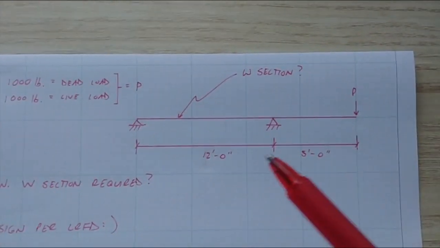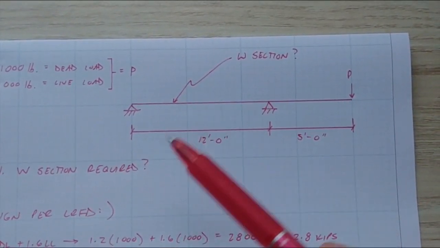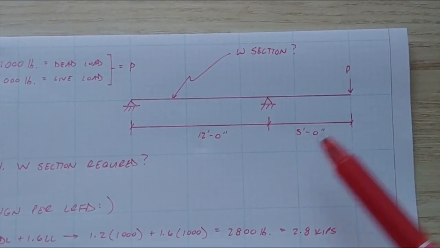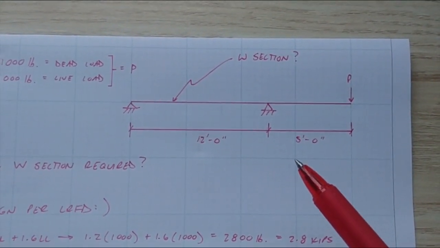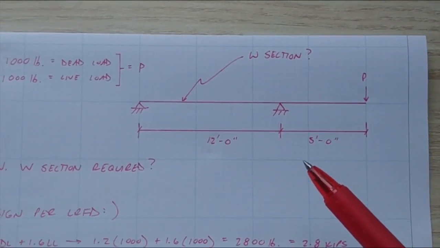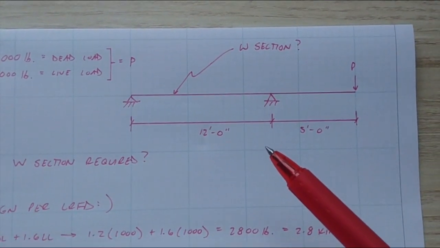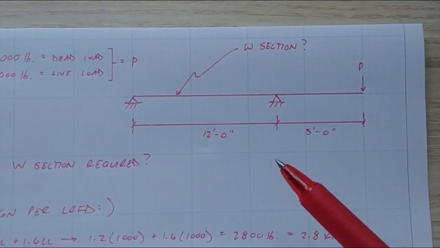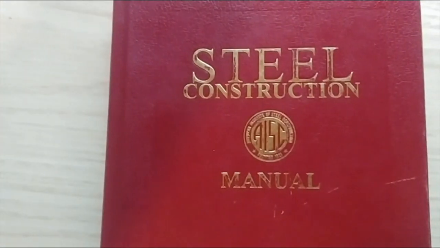Now, you could do method of sections and cut this beam in multiple spots to get your moment and shear diagrams, and then use that to solve for your required W section. But something that's handy to have that a lot of engineers use is actually our steel manual.